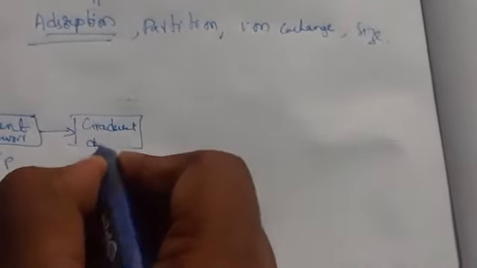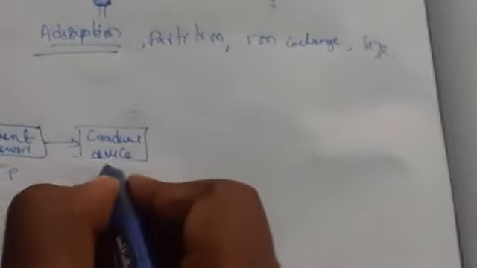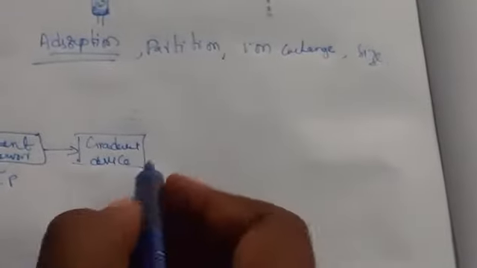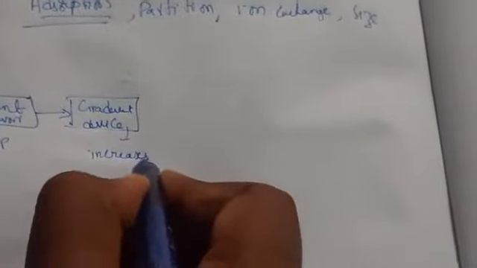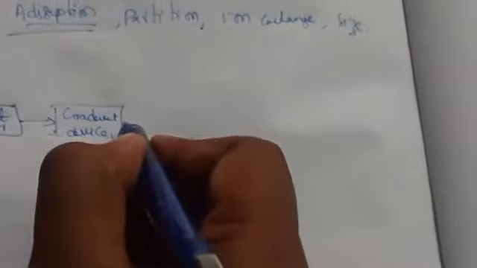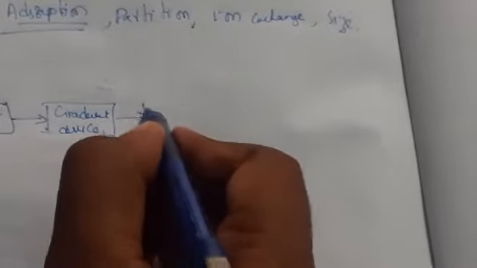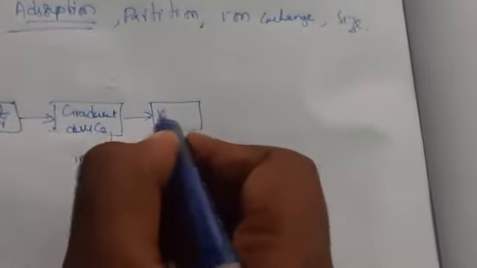The gradient device is nothing but a device which increases the flow of solvent. Okay, and after that it is inserted into a pressure pump.